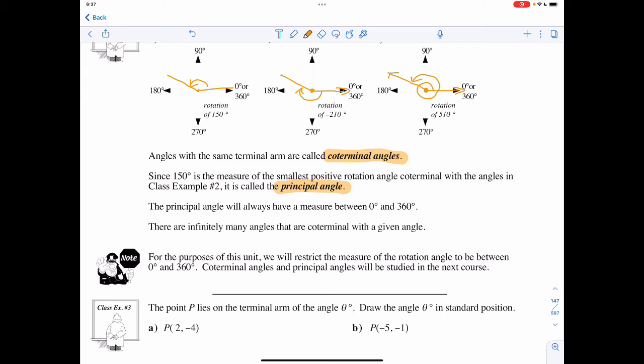So even though 150 degrees or negative 210 degrees or positive 510 degrees would wind up in the same place, the smallest possible positive version of it is my principal angle. That's always going to exist between 0 and 360 degrees. And we know that we could keep going in the negative direction or keep going in the positive direction, and every 360 degrees, we'd wind up at the same point again. So there's literally infinitely many possible angles that could be coterminal with any given angle.